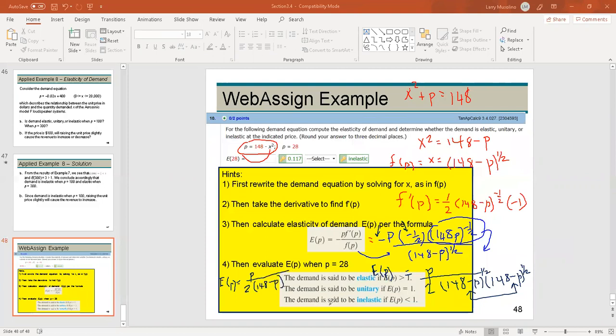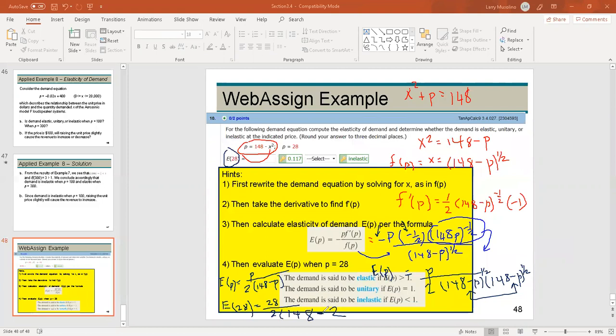All right, the last step, they're asking me to evaluate this function when p is 28. Well, to do that, I'm just going to replace p with 28 in this function. I'm going to let you work it out. But if I replace p with 28, it's going to be 28 over 2 times (148 minus 28).